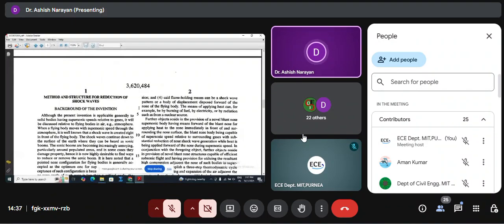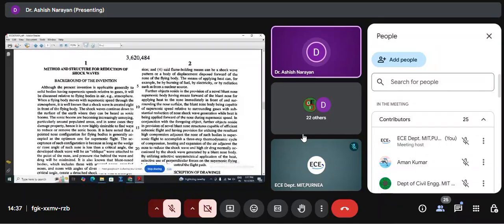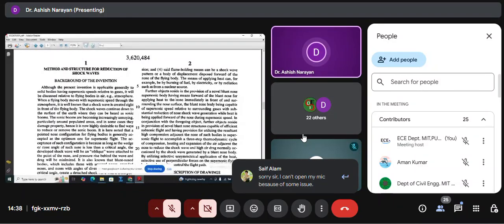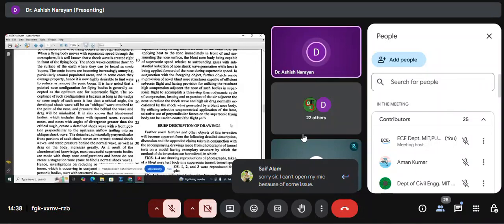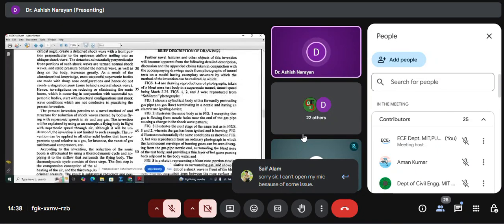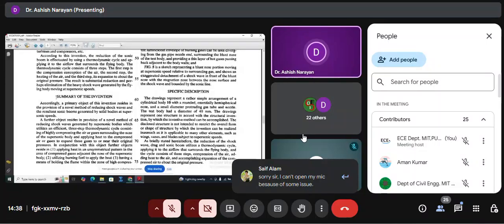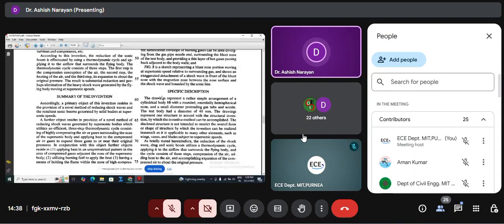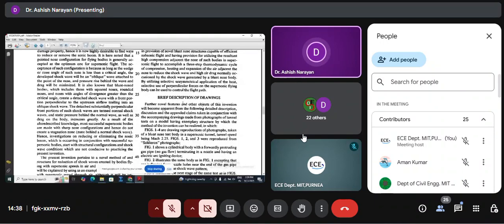Then the background of the invention, and the brief description of the drawing. First of all you have to draft this: abstract, summary of the invention, design procedure of the invention, brief description of the drawing, a specific description.